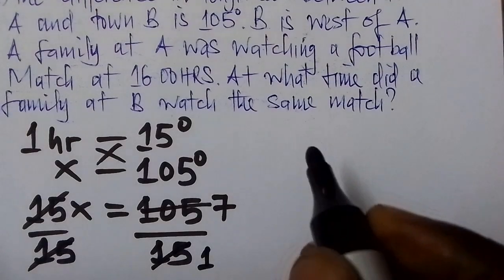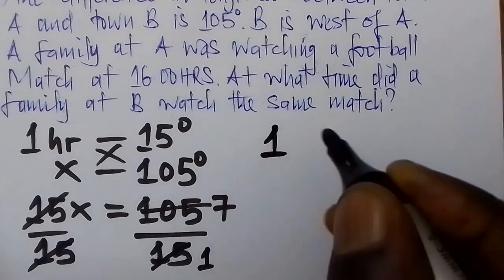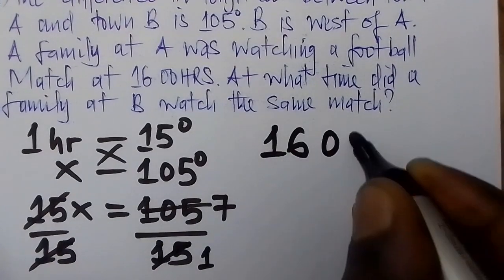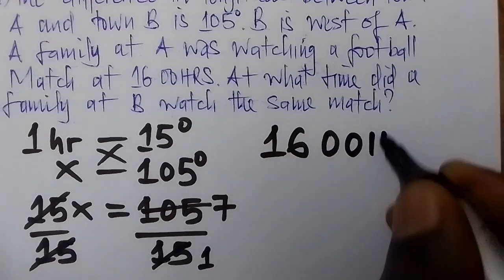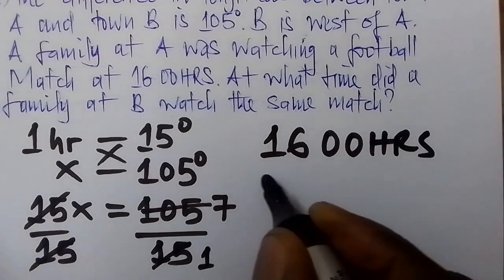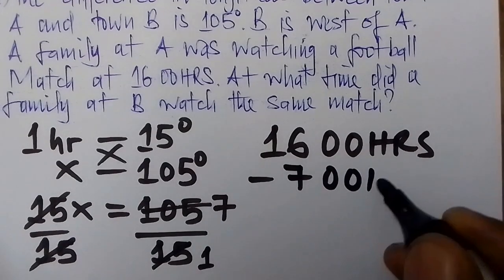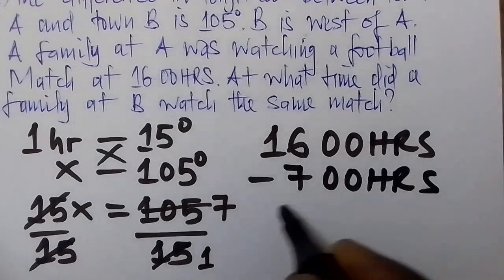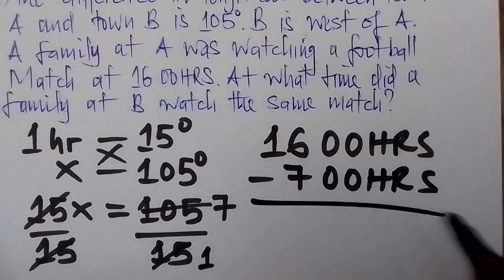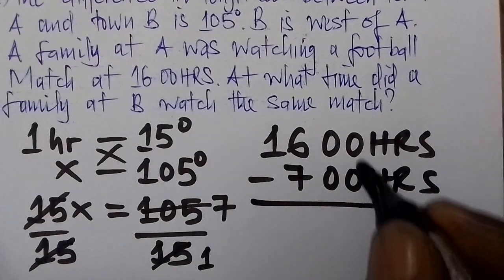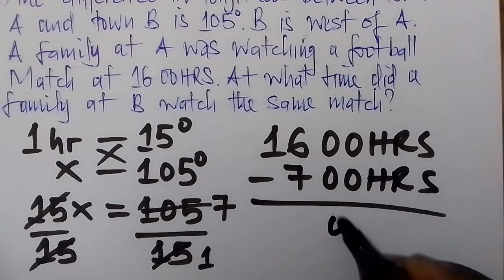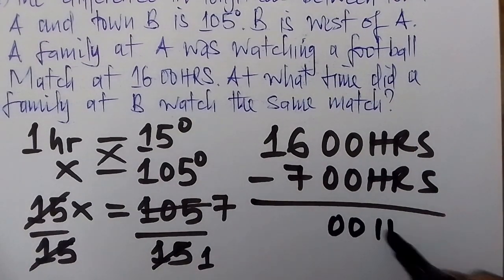We're going to write 16 hours, which is the time at A, take away 7 hours, which is the difference in time between the two towns. Subtracting this gives us the following. For the zeros here, we get zeros.